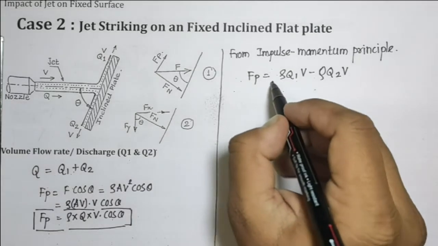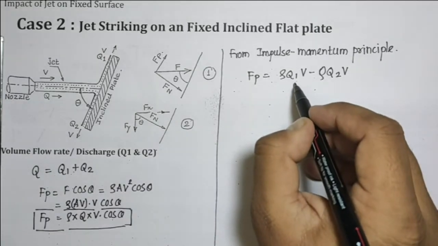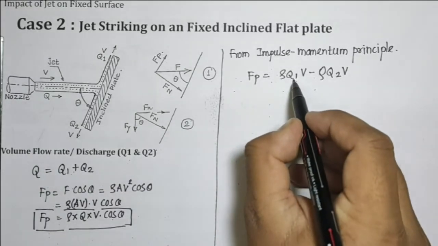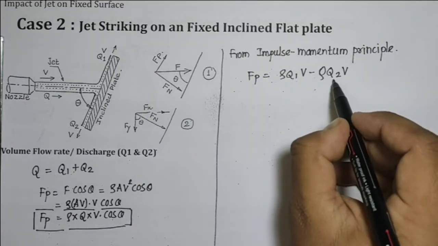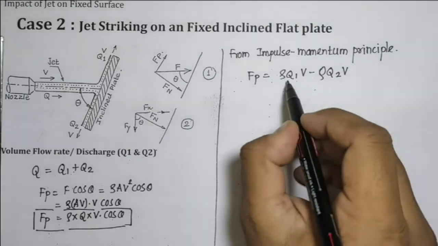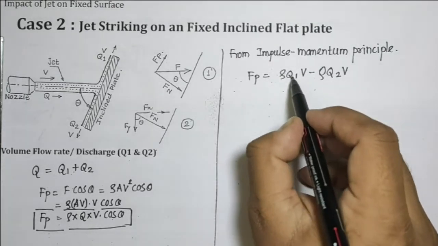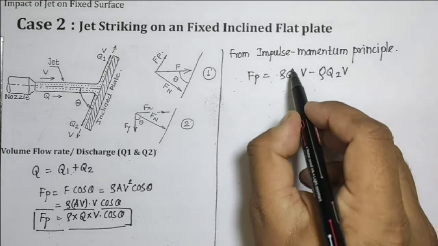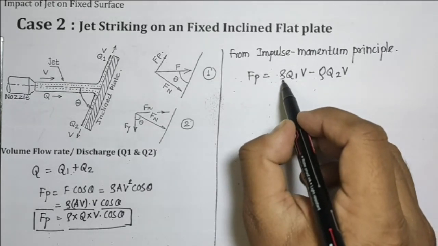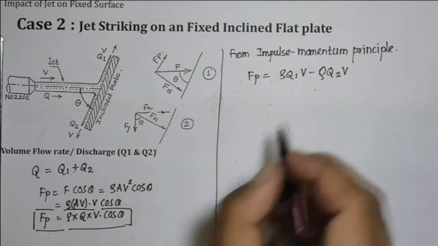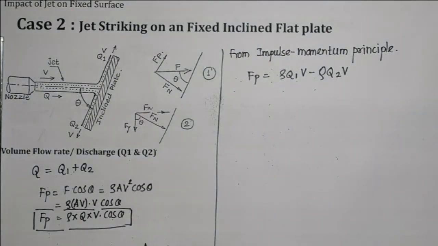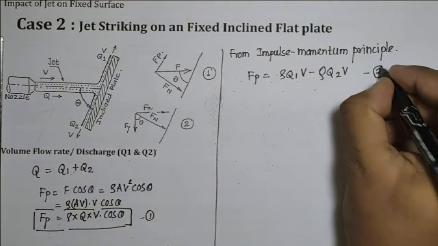Obviously Fp is nothing but the rate of change of momentum. So rho Q1 is nothing but m dot 1 and rho Q2 is nothing but m dot 2. So we have simplified this mass flow rate in the form of density and discharge. This equation is number 1 and this will become equation number 2.